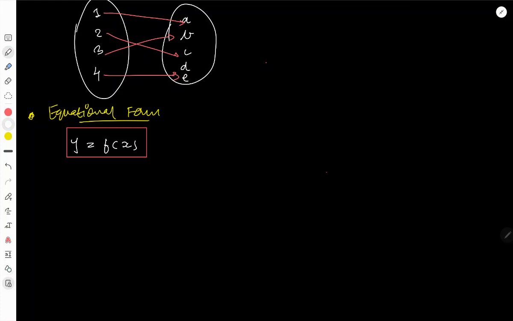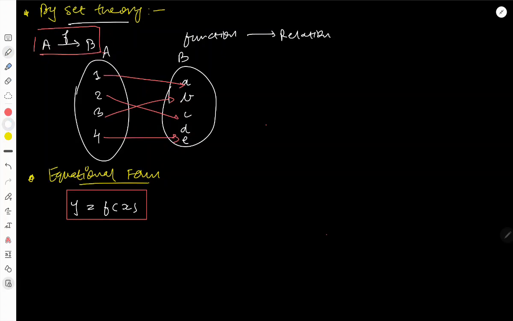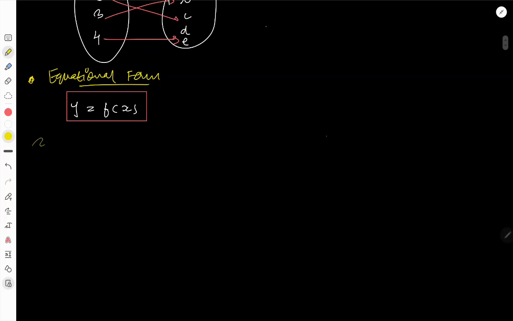And now let us discuss one-to-one, many-to-one functions. So before going into one-to-one functions, let us quickly revise the set theory, what all these things are, and what they are called, and then we'll move further with the actual types of functions that exist. So, quick revision from sets.